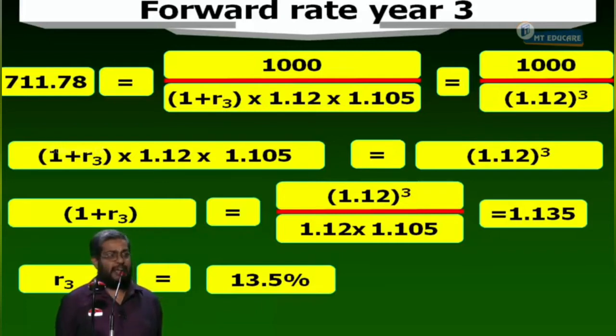The forward rates can be calculated easily using bootstrap method. Can I proceed or not? Write down.